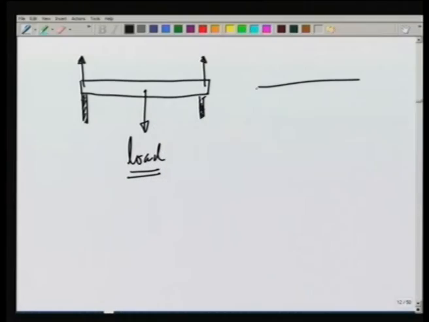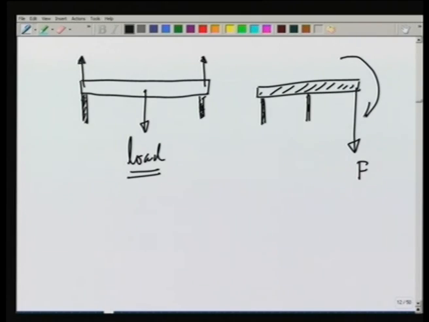When we apply force on an extended body, experience tells us that the extended body not only can move, it can have some more effects. For example, if I put one support here, and apply the force this way, you know that this body is going to rotate like this.